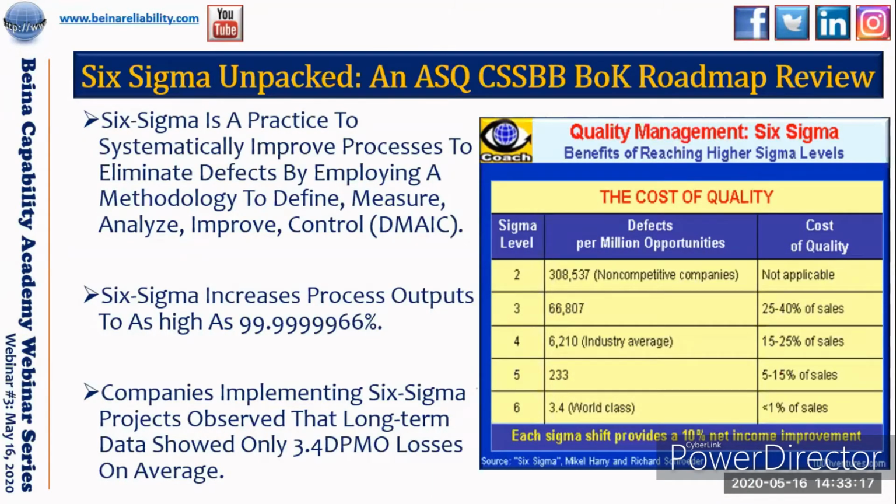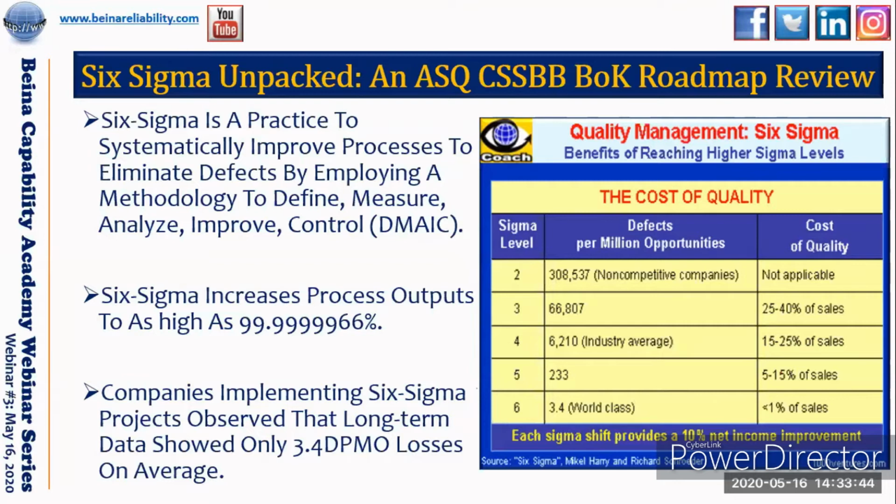So just by way of additional definition, Six Sigma is a practice to systematically improve process to eliminate defects by employing a methodology to define, measure, analyze, improve, and control. Six Sigma also increases your process output to as high as 99.999966%.